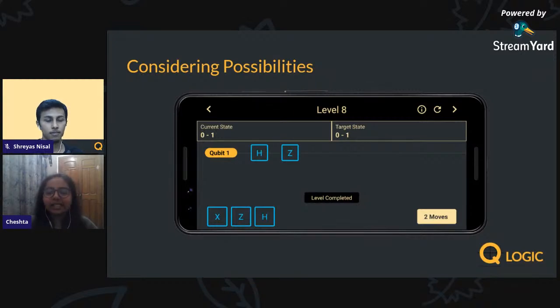You can work on any different field you want to. Maybe you can use something from quantum optics or quantum cryptography and build up a game around it. And we're really excited to see what all you guys come up with. It's such an amazing event, the Quantum Games Hackathon. So yeah, I think we're done with the presentation. Let's switch to the demo part now.